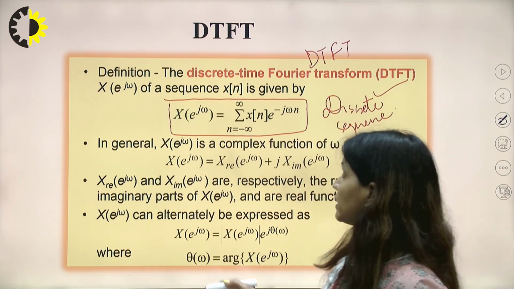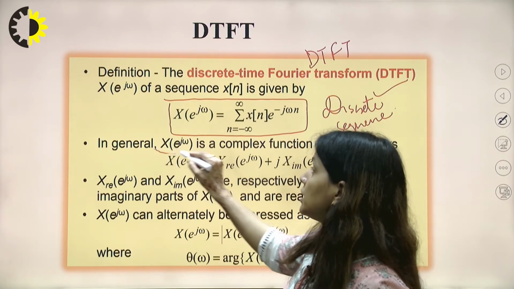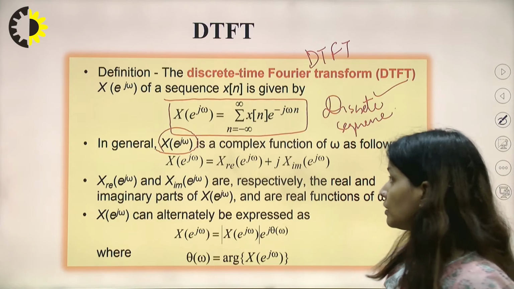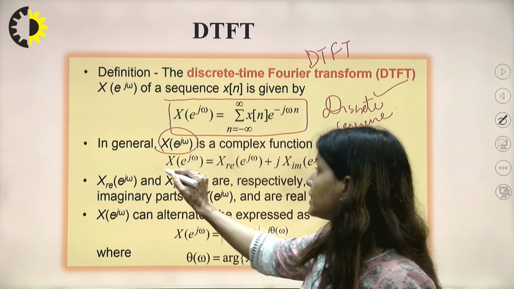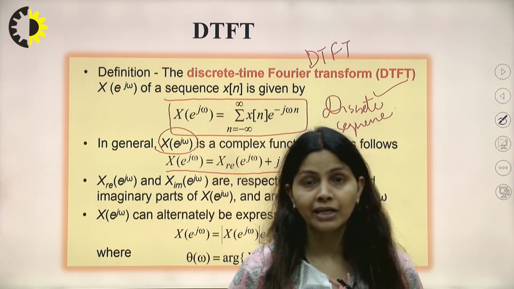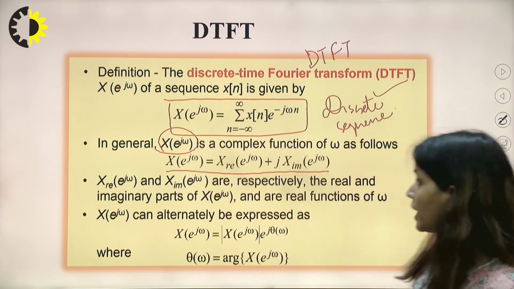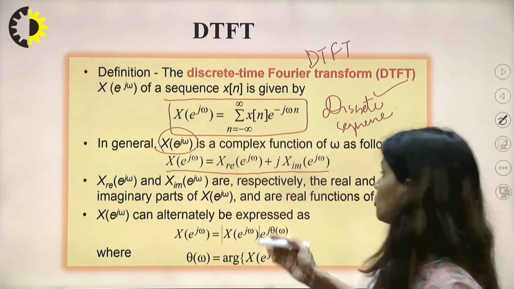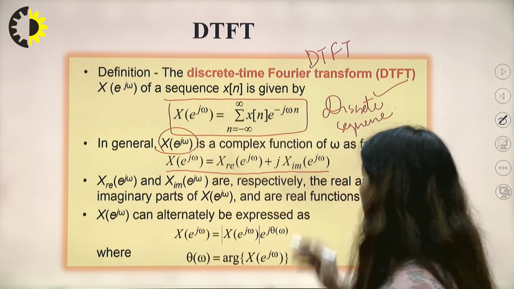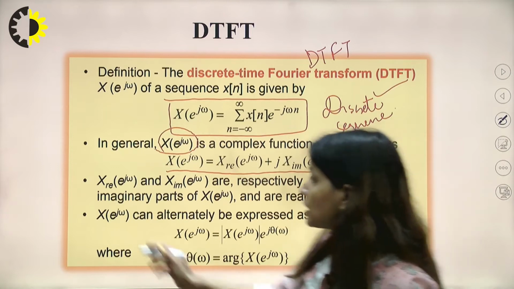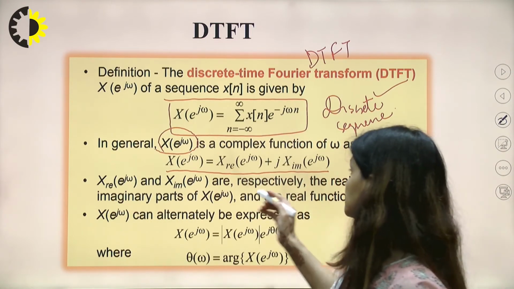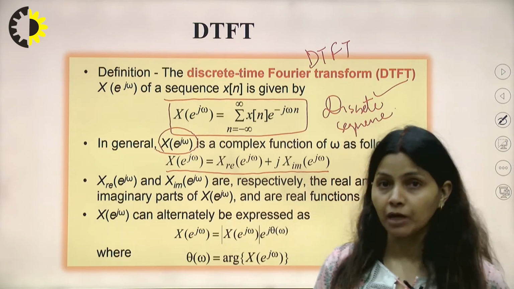So here the DTFT is represented as X(e^jω), and it can be represented in terms of its real part and imaginary part as X_re(e^jω) plus jX_im(e^jω), where X_re(e^jω) and X_im(e^jω) are respectively the real and imaginary parts.